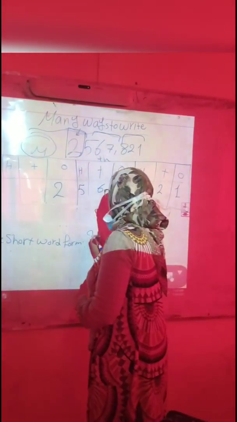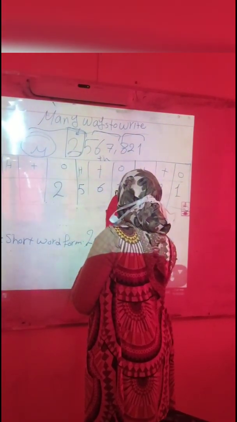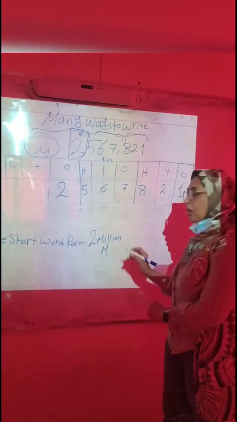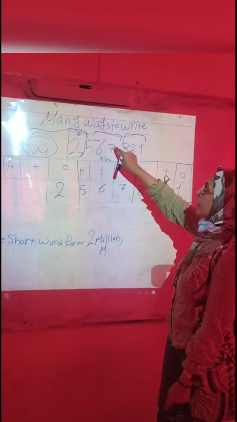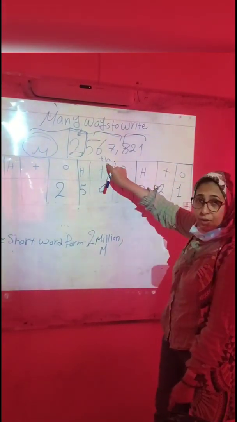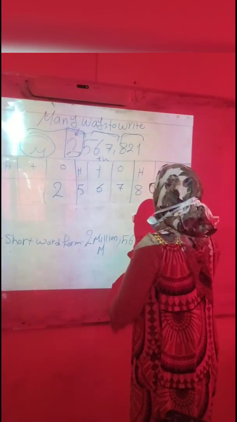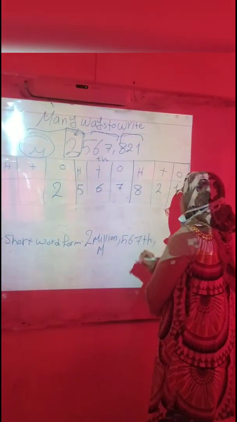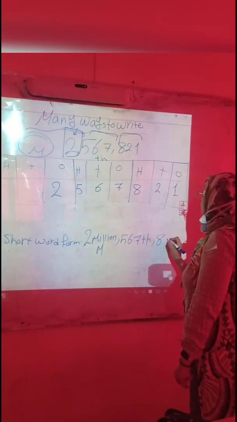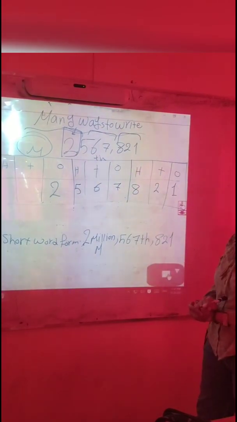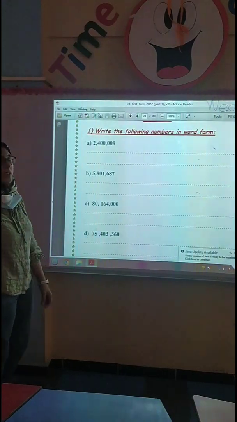In the millions. So I write 2 with digits and write million beside it, or I can write just M. Then take the second period, 567. This is all the numbers in the period of the thousands, so write all of it, 567 thousand. And then the last period, without any name, is 221.